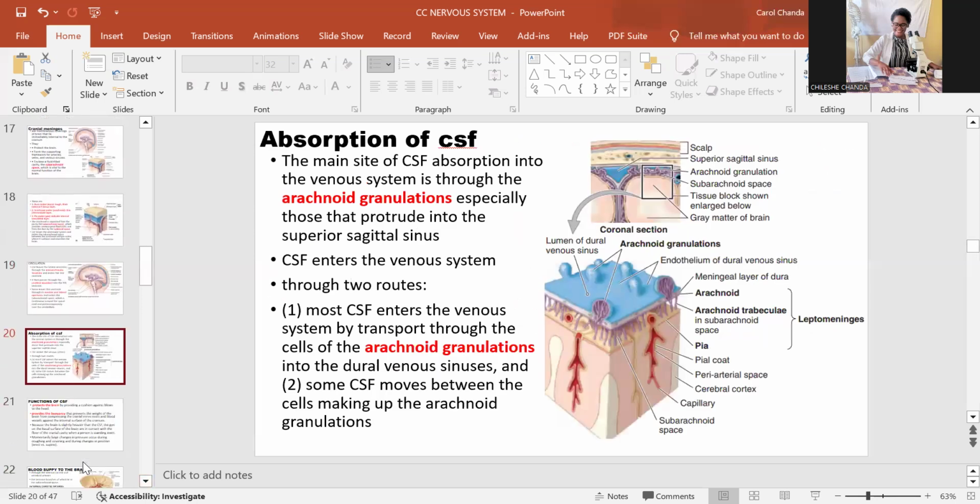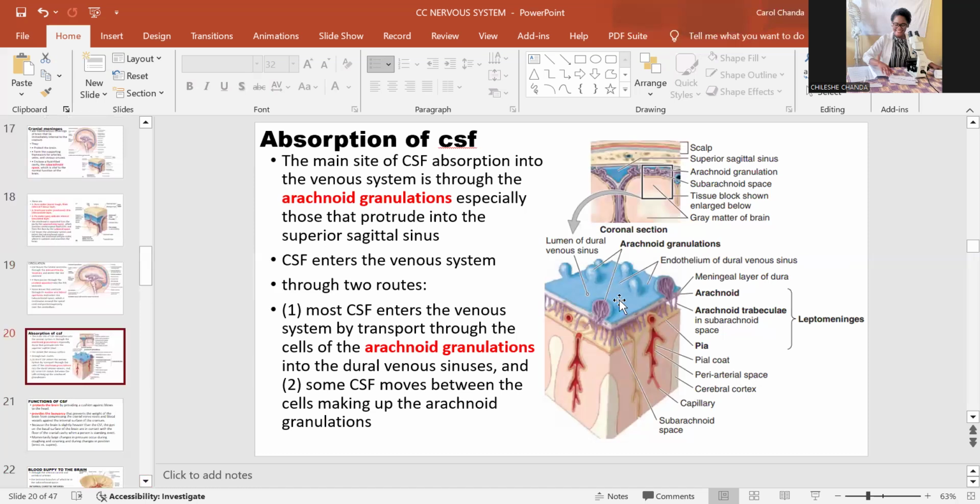The main site of CSF absorption into the venous system is through the arachnoid granulations. We've talked about the arachnoid granulations. So if you look at them here, if you remove the skull on top, you've removed the periosteal layer of the dura mater, and then you're just remaining with this space, which should be the sinus, okay?